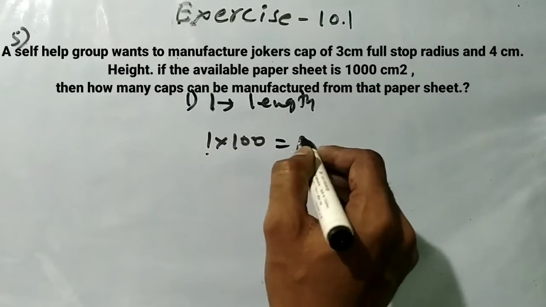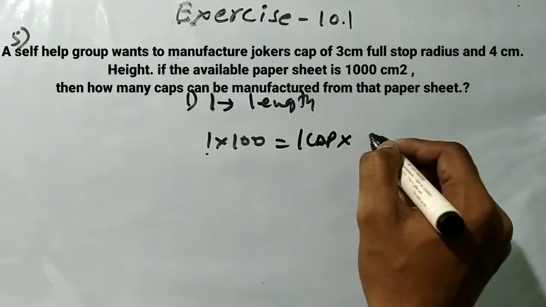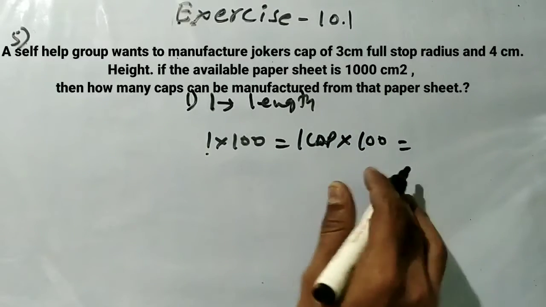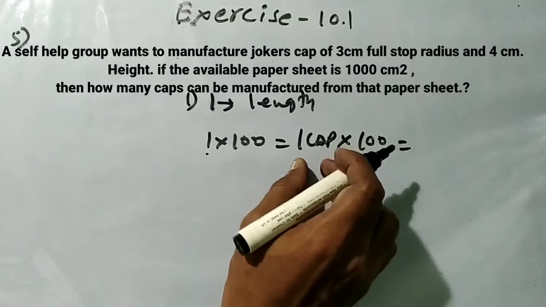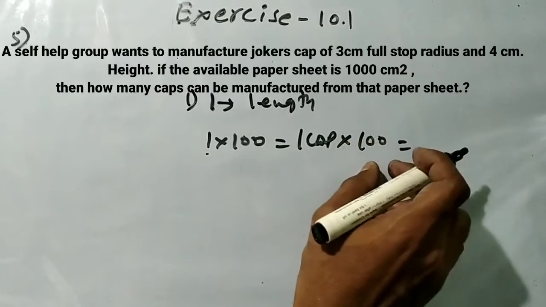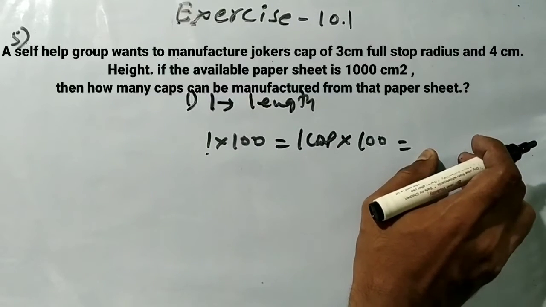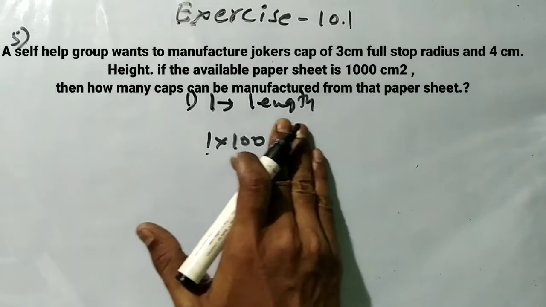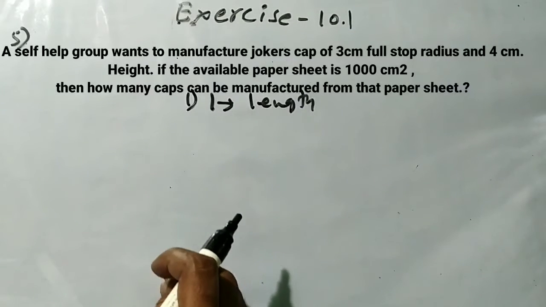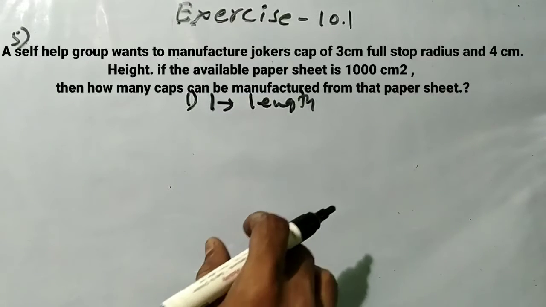That is nothing but first cap, 1 cap into 100, we can get the material required for the 100 caps. But here they have given the material area. We have to find how many caps can be made in the given material.